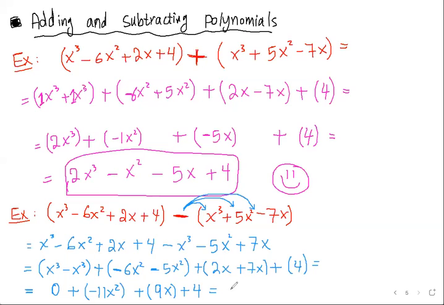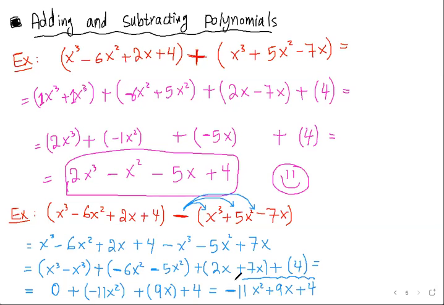I want to remove the parentheses. It's minus 11x squared plus 9x plus 4. Okay. So minus 11x squared plus 9x plus 4.